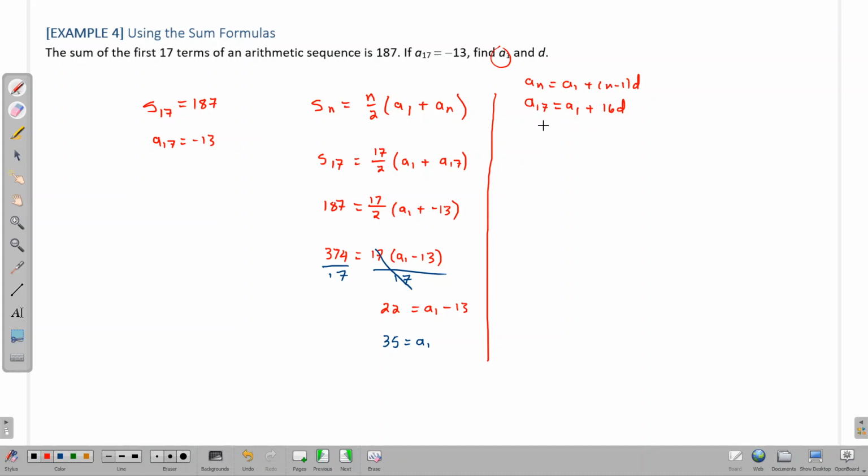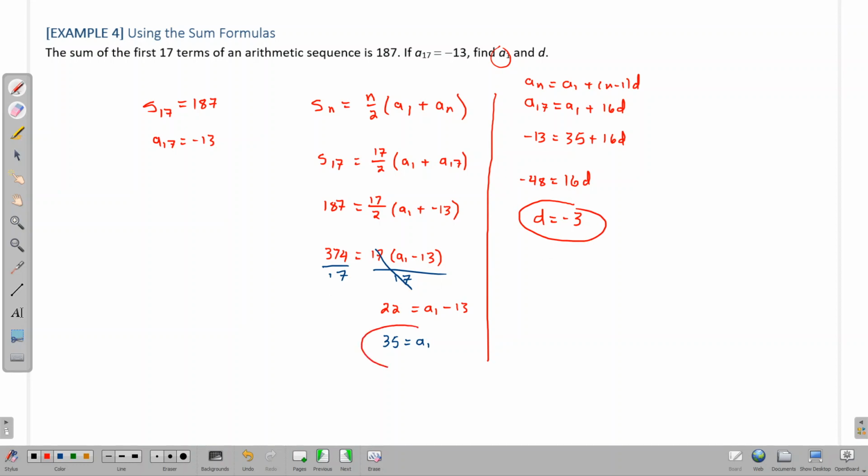And we can go ahead and plug in A17 is negative 13. A1 we just found is 35. And then we have 16D here. And now we just solve this for D. So subtract the 35 over, you get negative 48 equals 16D. And divide the 16 over to get D is equal to negative 3.